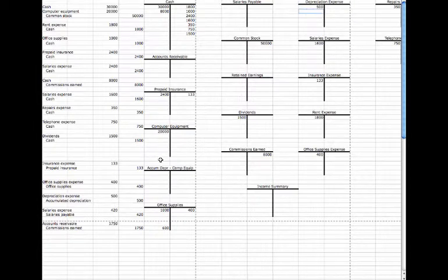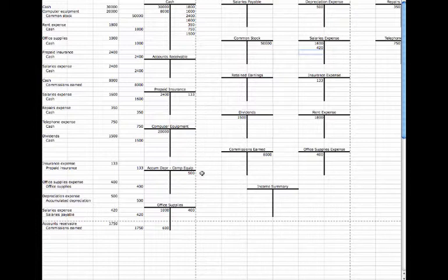Then we're going to increase accumulated depreciation for the computer equipment by $500. Then we're going to increase salaries expense over here by $420.